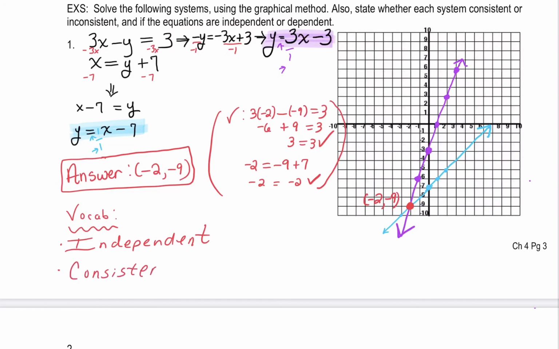So if you're asked for the vocabulary, then in this case, this is an independent and consistent system. If I don't ask you for the vocabulary, you just answer negative 2, negative 9. That is your answer. So we'll come back, we'll do a couple more next time, but that gives us our vocabulary and another example.